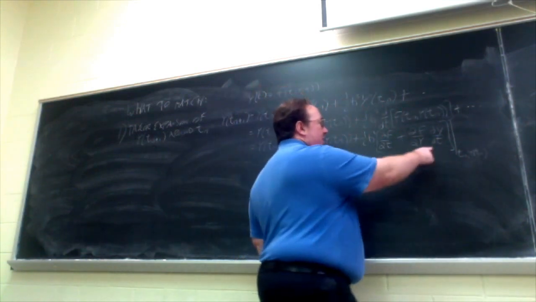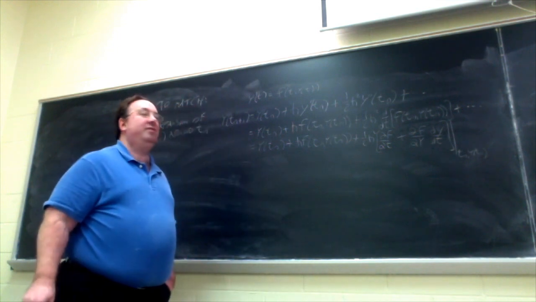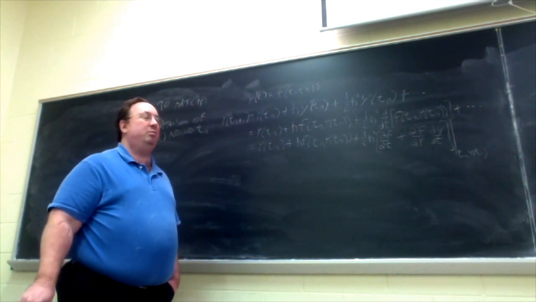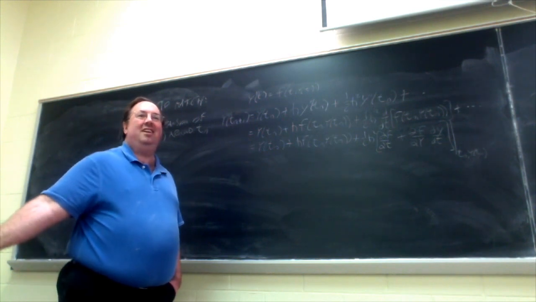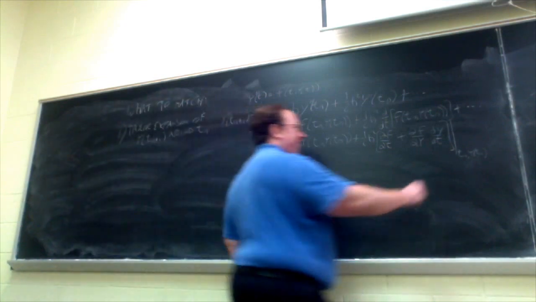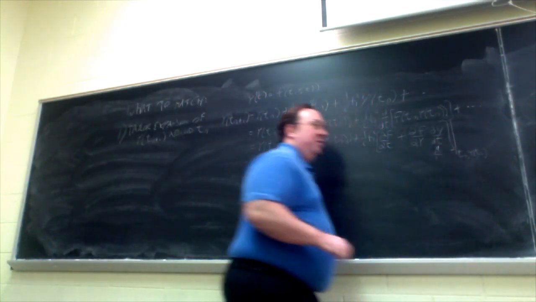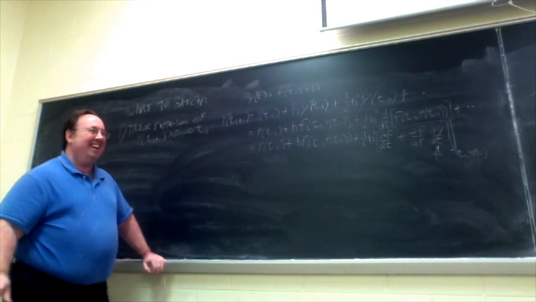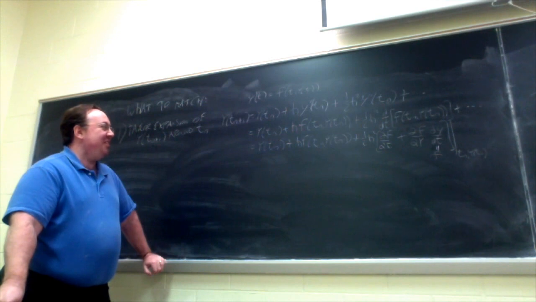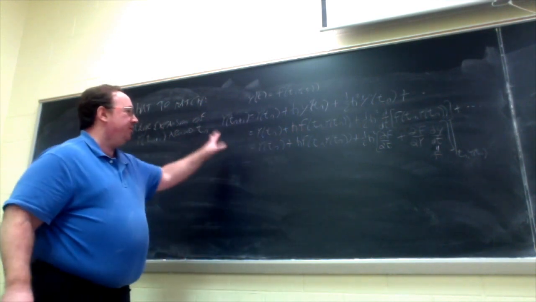But what is dy dt? What can I replace that with? Y prime, which is f. All right. So that's as far as I can go with that. So that's one thing I need.